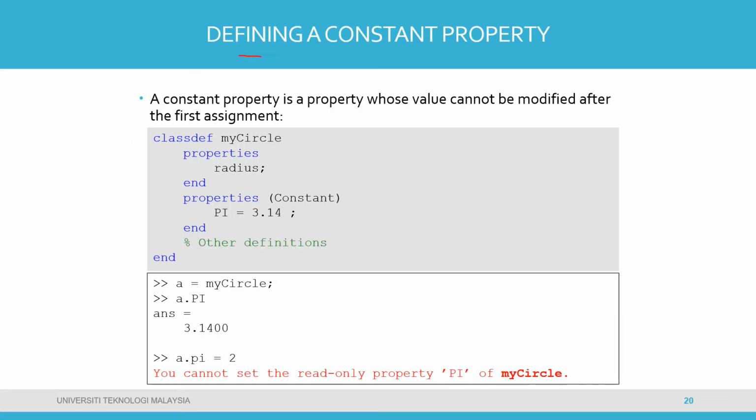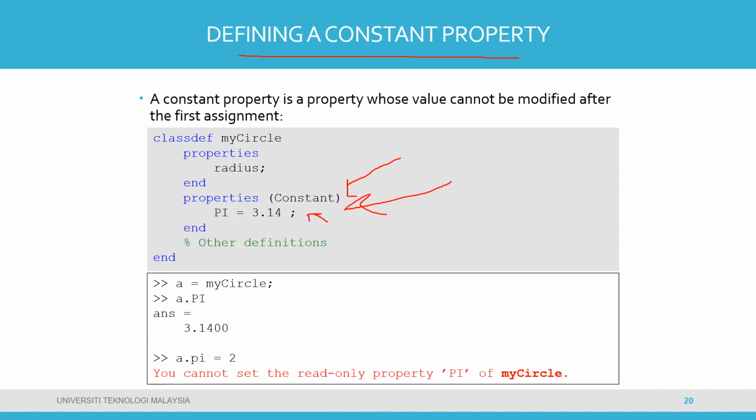Defining constant properties. If you have a property that is constant here, and you don't want people to mess with the properties, you can write the properties and add the constant. Open bracket constant, close bracket. So you say pi is equal to this one.